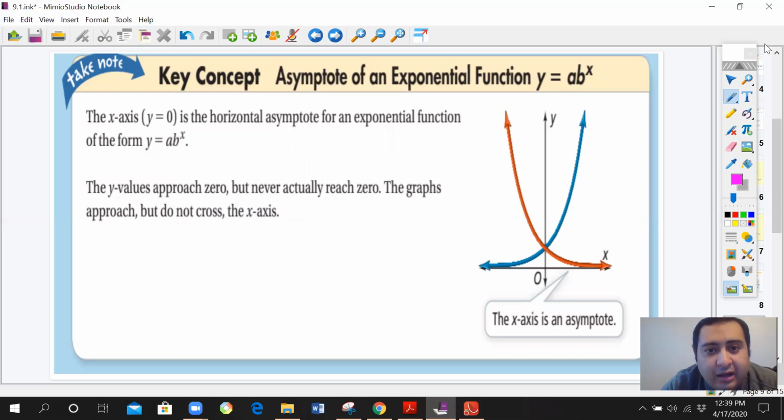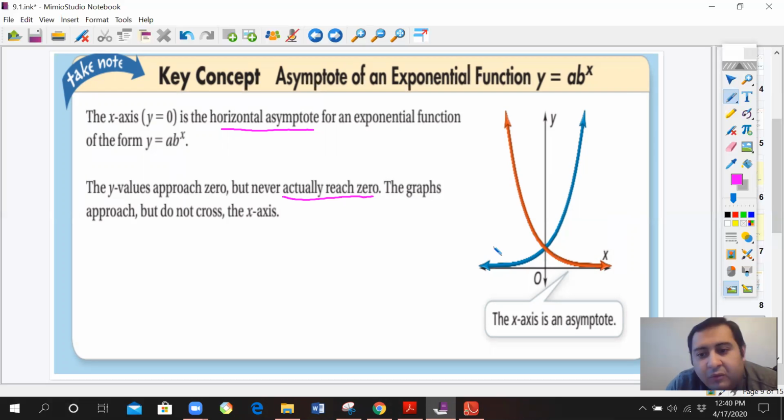Let's talk about asymptotes. The x-axis is a horizontal asymptote at y equals 0 for an exponential function of the form y equals a times b to the power of x. The y values approach 0, but never actually reach 0. Like I mentioned, it's going to go all the way to infinity.